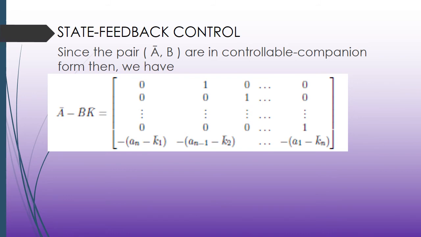You do this until you have a column which starts from 0 until it reaches negative (a_1 plus k_n).